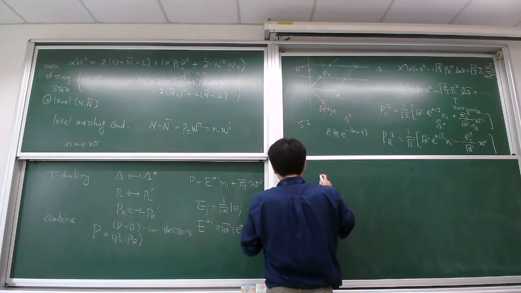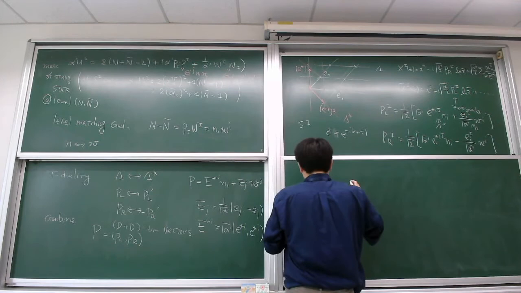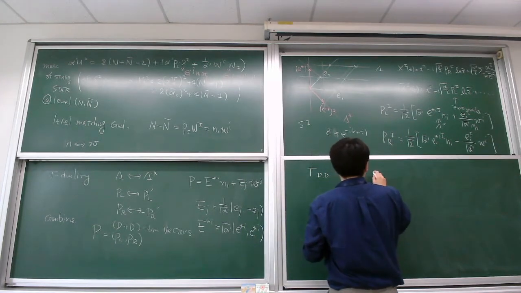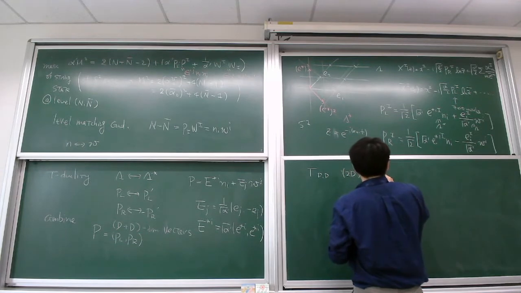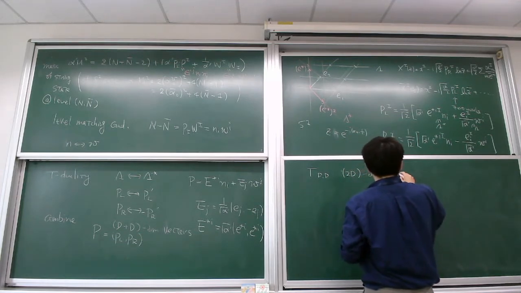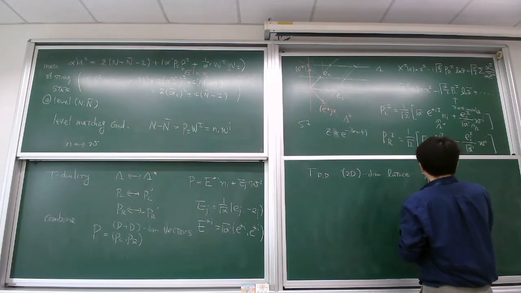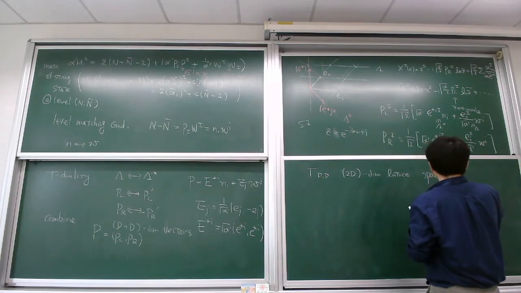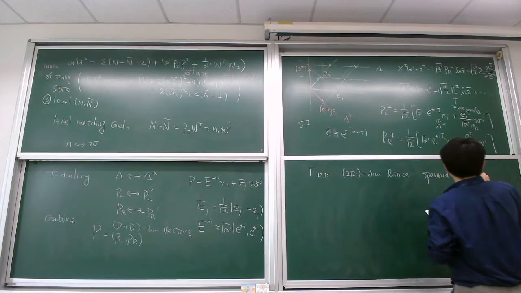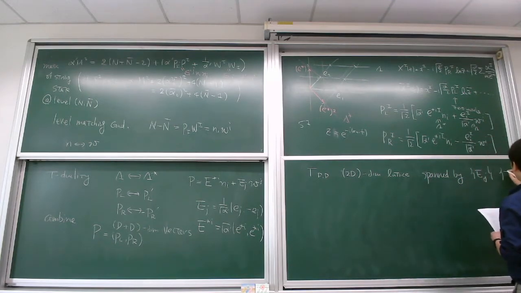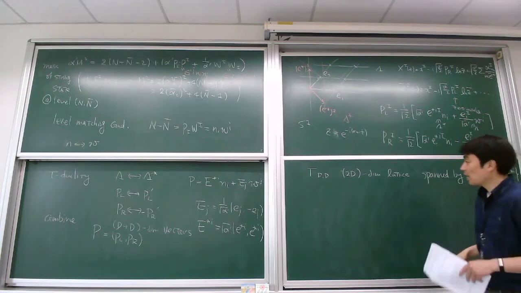So this lattice we call lambda d. It is the 2D dimensional lattice spanned by Ej and E star I, which satisfies the following condition.